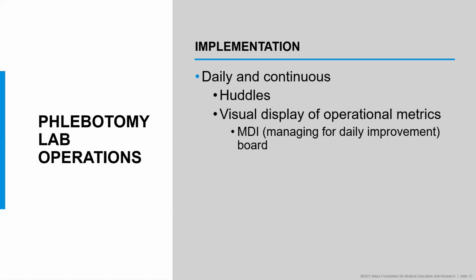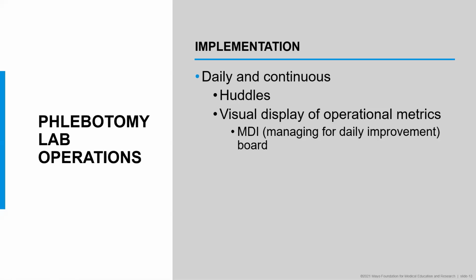There's another component of the huddle that we'll talk about more in the next slides, and that is managing for daily improvement, or MDI. The MDI is an extension of a huddle. Wherever you do your huddle, you can have a board that visually displays the operational metrics.